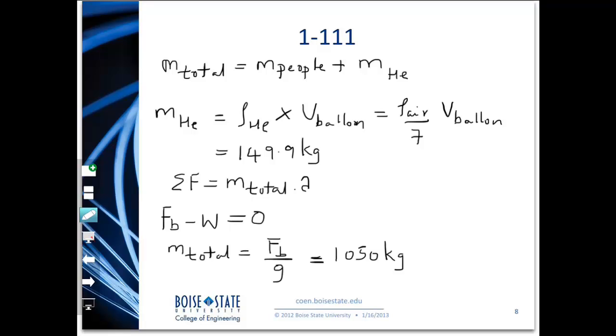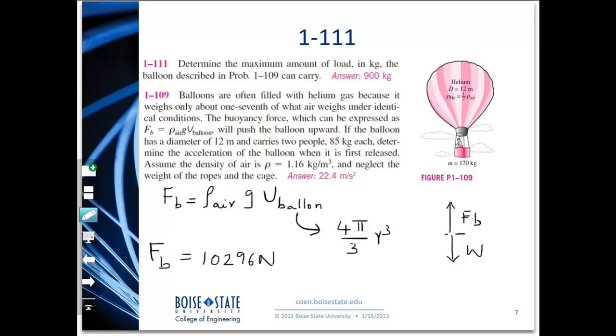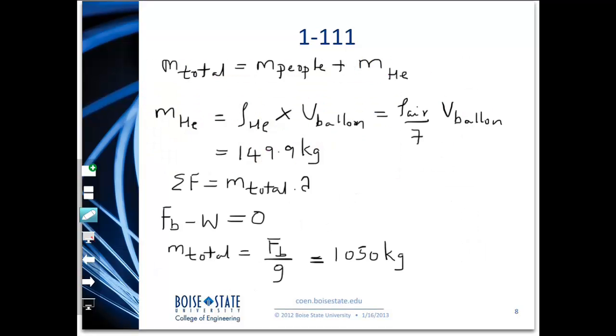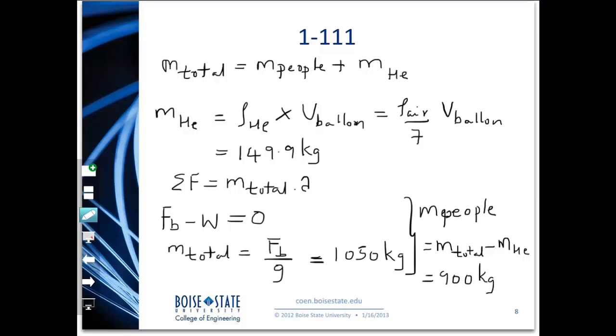However, they're interested in the load, and in general, the load means people. And we said m total is equal to m people plus m helium. So m people will be equal to m total minus the mass of helium, which would be 900 kilograms.